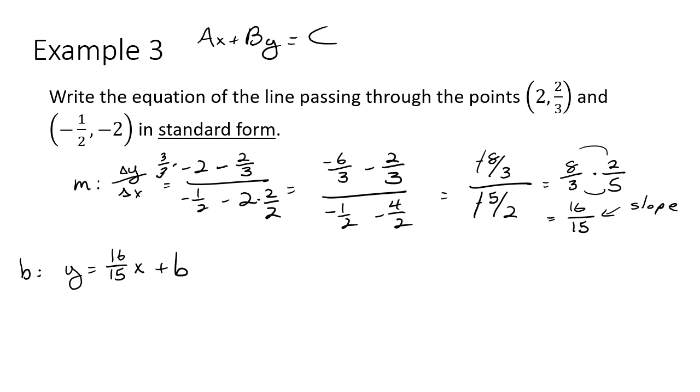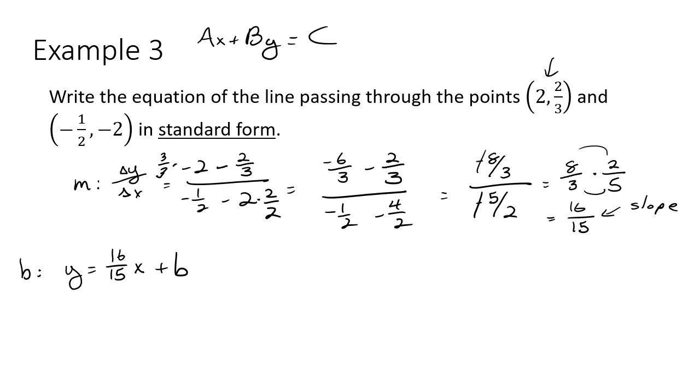Now, truth be told, it doesn't matter which one you plug in for x and y, but because we've got fractions in the mix here, and because x is being multiplied by something while y isn't, if you have a choice, it's better to keep x simple and let y be the more complicated option. So I'm actually going to choose this point 2, 2/3, just because x is really nice and easy with that one.